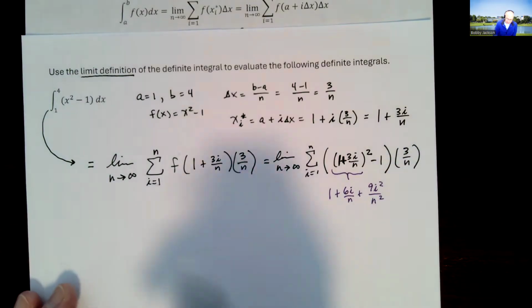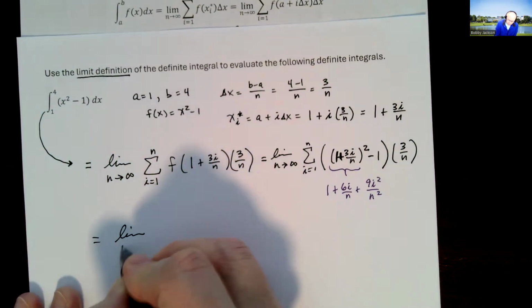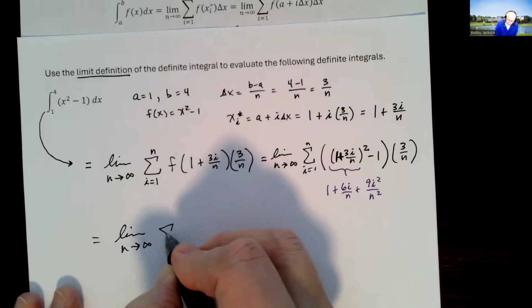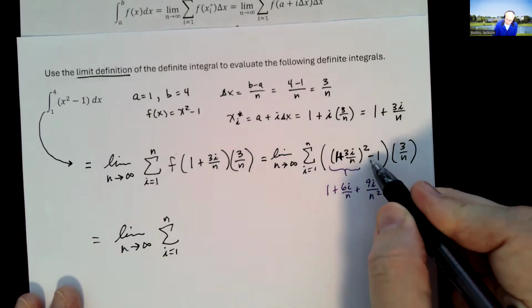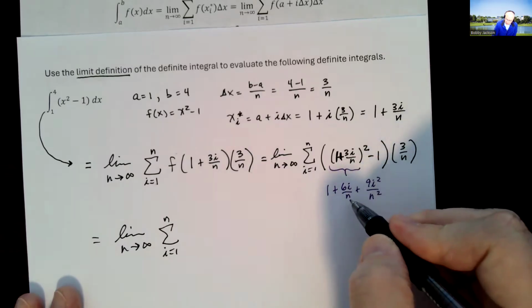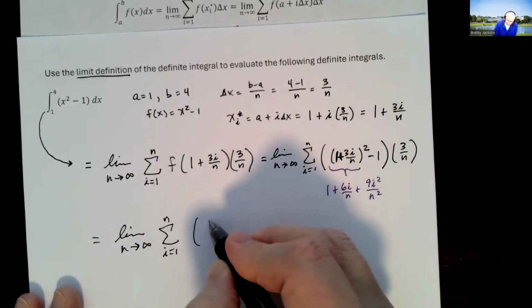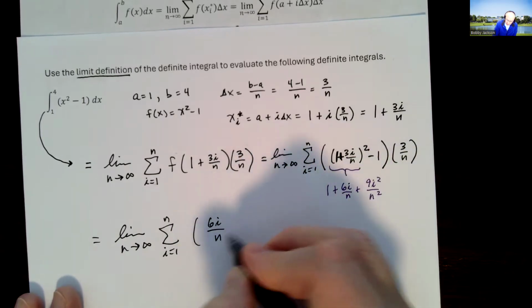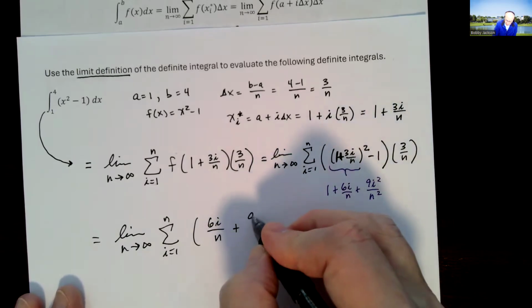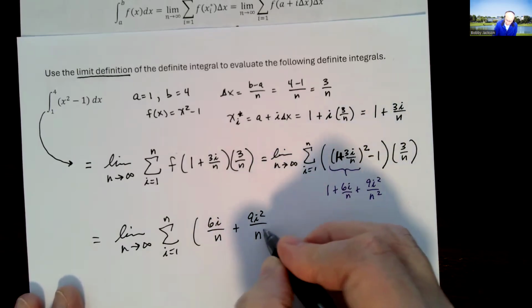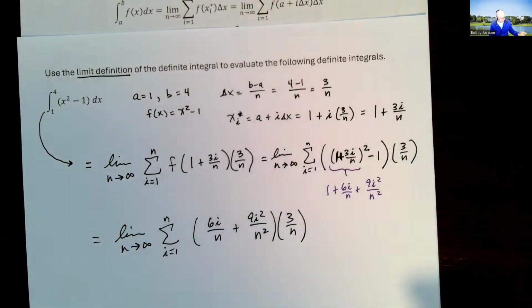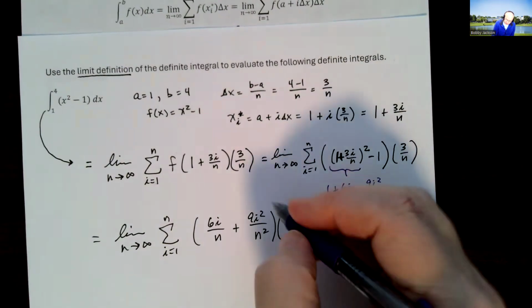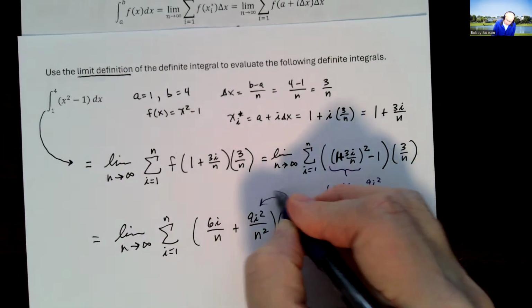So simplifying this, we have 1. Don't forget this minus 1. 1 minus 1 is 0. And I just have the 6i over n plus 9i squared over n squared, times the 3 over n. All right. Now I'm going to go ahead and distribute this through here.